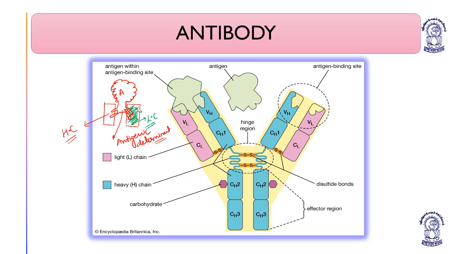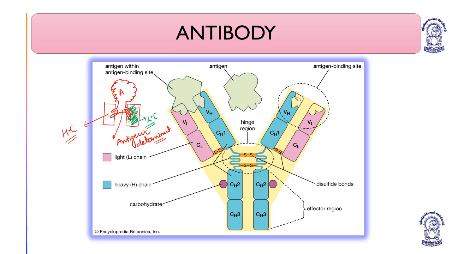Okay, and these are antigen binding sites. Okay, so the antigenic determinant and the antigen binding sites, they help to bind the antigen to the light chain and the heavy chain. Understood?